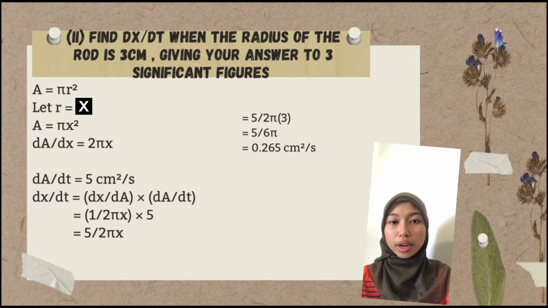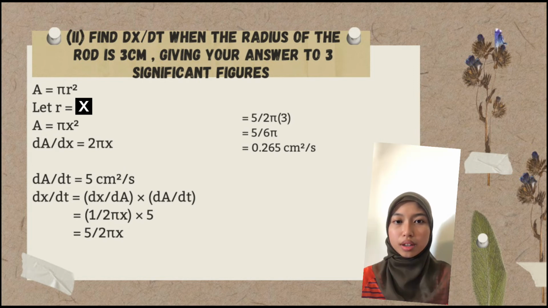So, 1 over 2 pi x times 5, we get 5 over 2 pi x. When the radius equals 3, we replace x with 3. Then it will become 5 over 2 pi times 3, so we got 5 over 6 pi. So the answer is 0.265 cm per second. We take 3 significant figures.